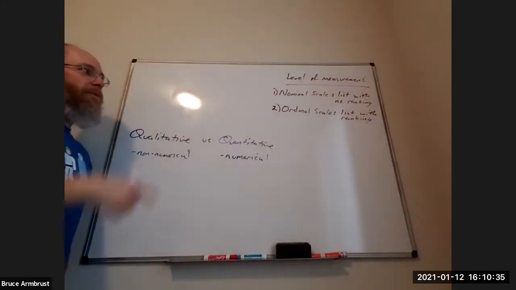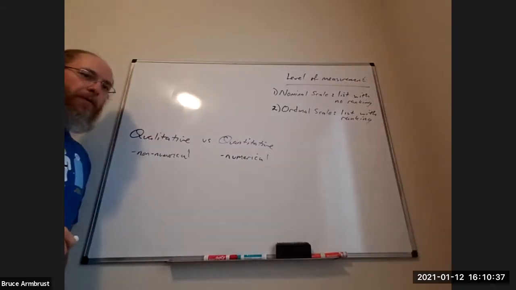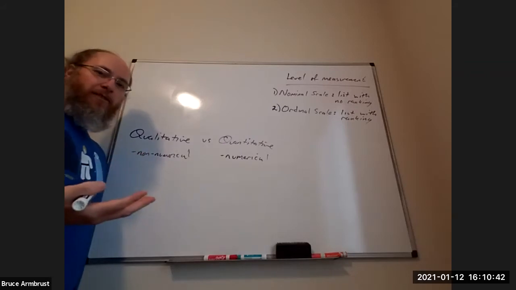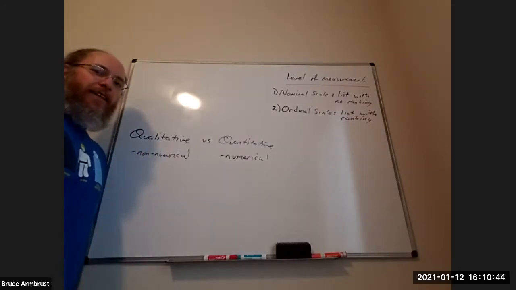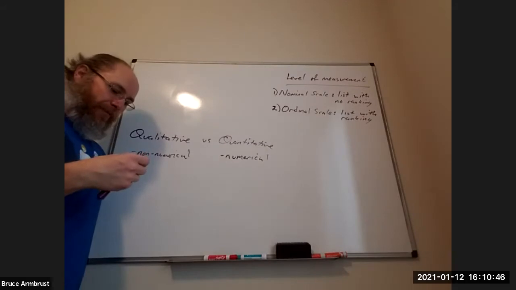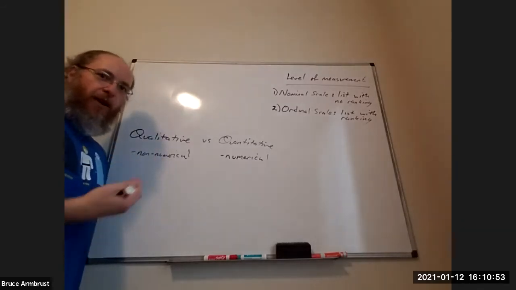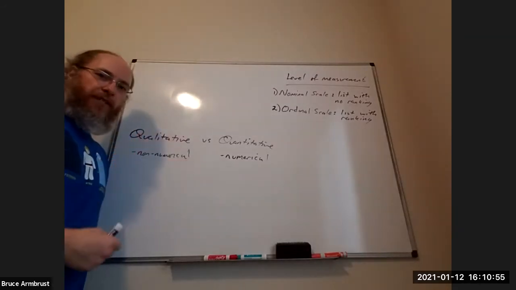A really good example of ordinal would be one of the ones like, if you've ever done student evaluations, you know how it'll say, how pleased were you with the instruction you received, or how was the instruction that you received?